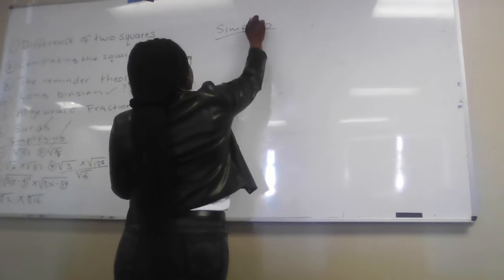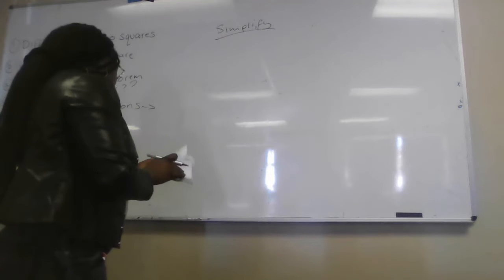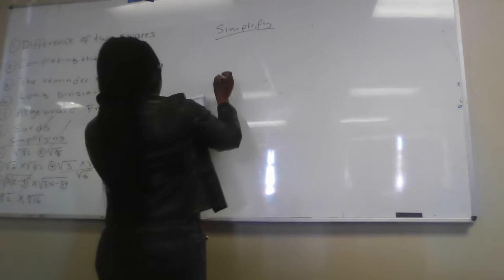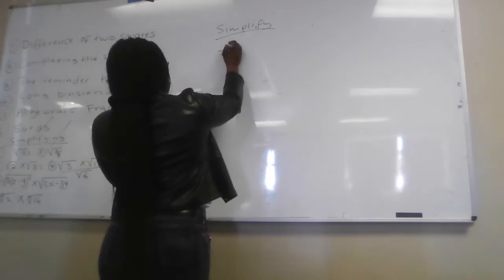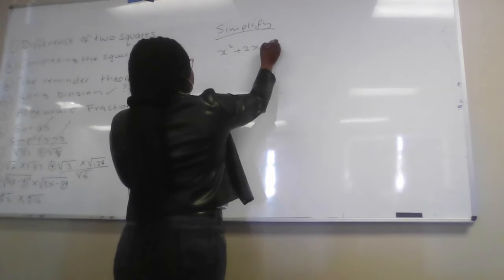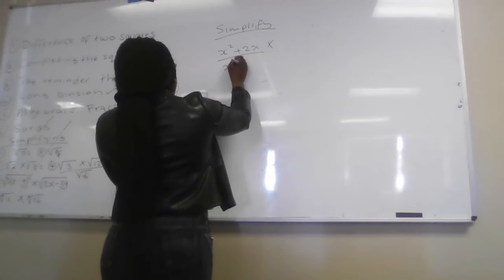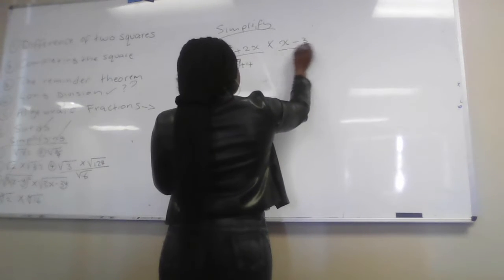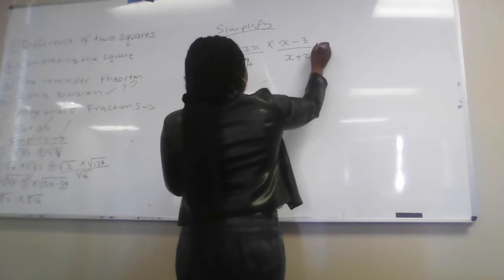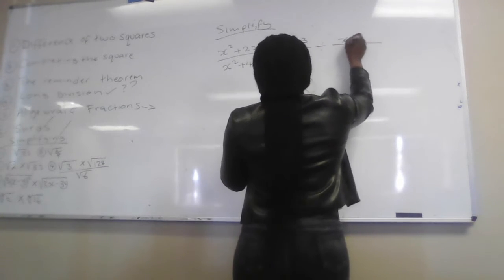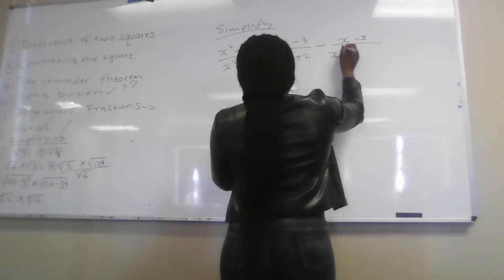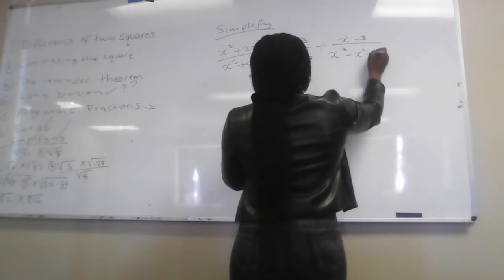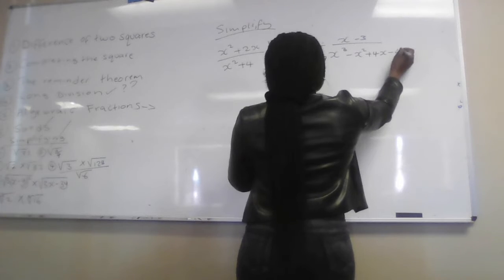Make simple the following. x squared plus 2x, divided by x squared plus 4x minus 3, divided by x plus 2, divided by x minus 3, x cubed minus x squared plus 4x minus 4.